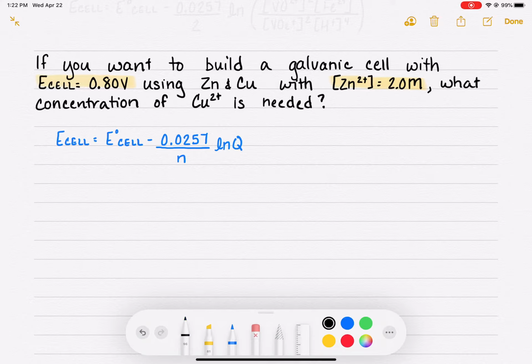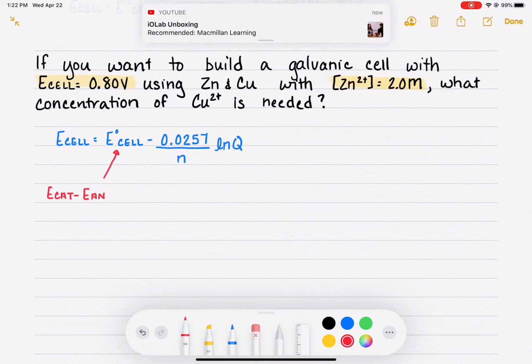Well, first of all, we're going to need to figure out E cell standard, this guy right here. So we know that this is going to be the cathode minus the anode, and since this is standard, this is coming from the data table, the standard voltage of the cell. So we're going to have to look that up in the standard reduction potential table.